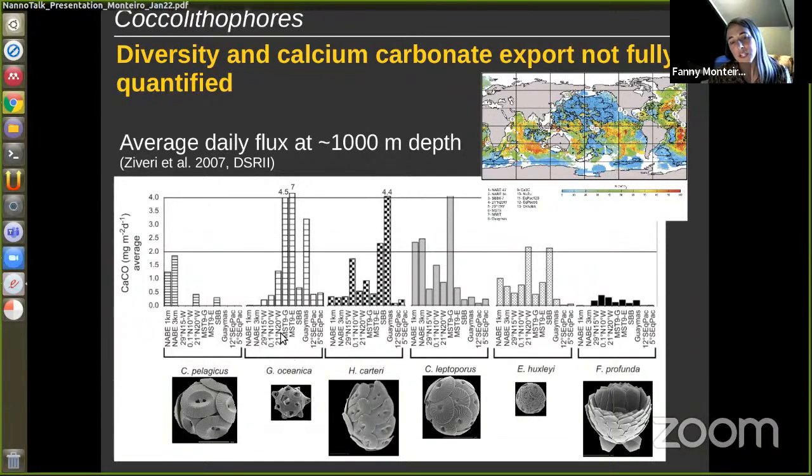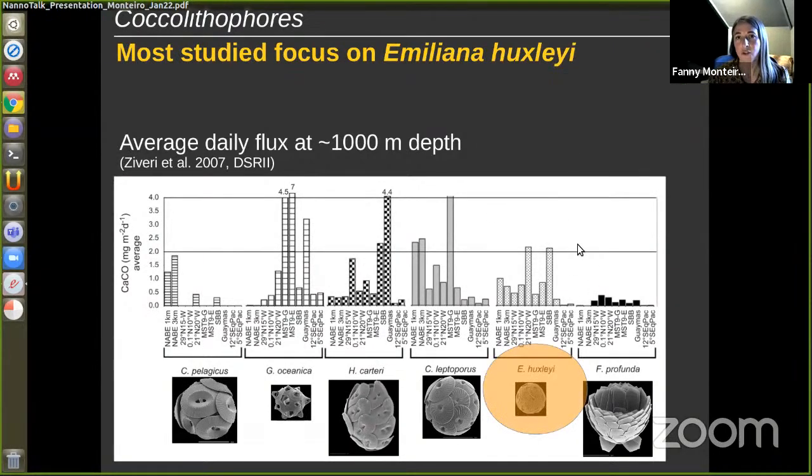The data shows that different species contribute to calcium carbonate export, including Gephyrocapsa oceanica, H. carteri, Calcidiscus leptoporus, and Emiliania huxleyi being the most dominant ones. But current studies focus mostly on Emiliania huxleyi, even though it's not the main producer or exporter of calcium carbonate. So there is a bias towards Emiliania huxleyi that doesn't include the other dominant species.